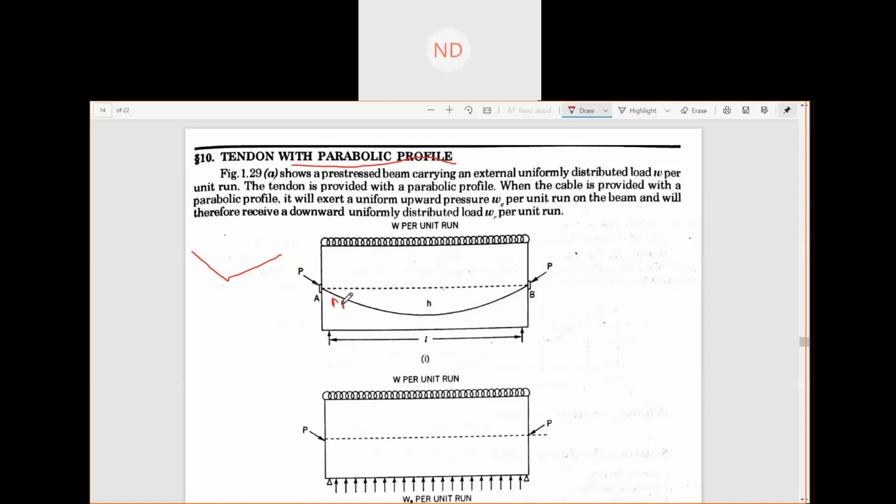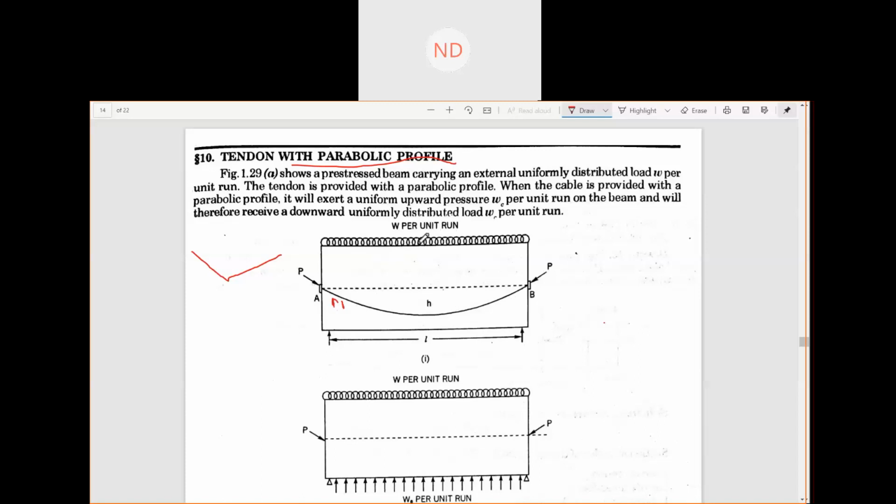Okay, so this is a figure that shows a pre-stressed beam carrying an external uniformly distributed load, W per unit run. The tendon provided here with the parabolic profile will exert a uniformly upward pressure Wc per unit run.